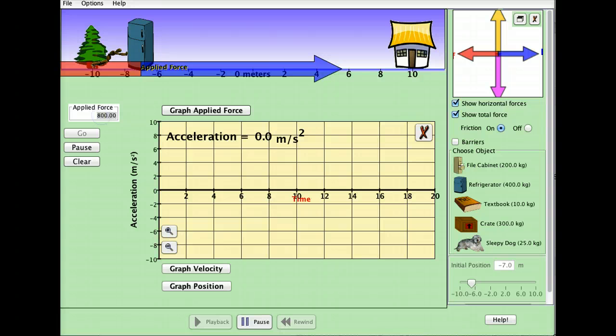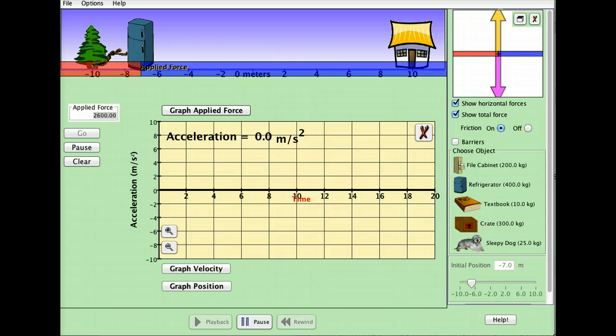A lot of force. Nope. I'm going to go to 1200. Still no. 1400. Nope. Okay, I think we left off at 1400.